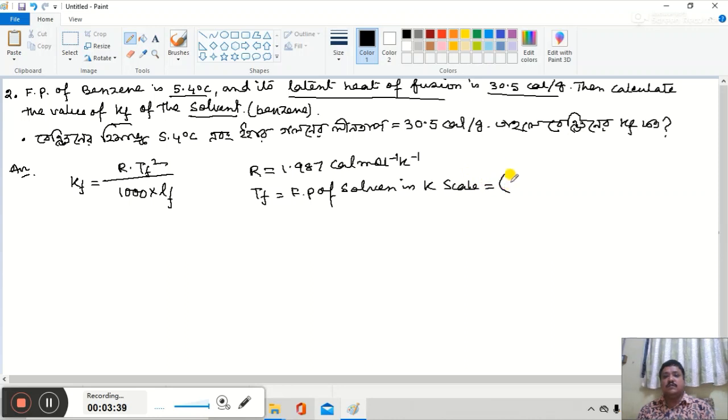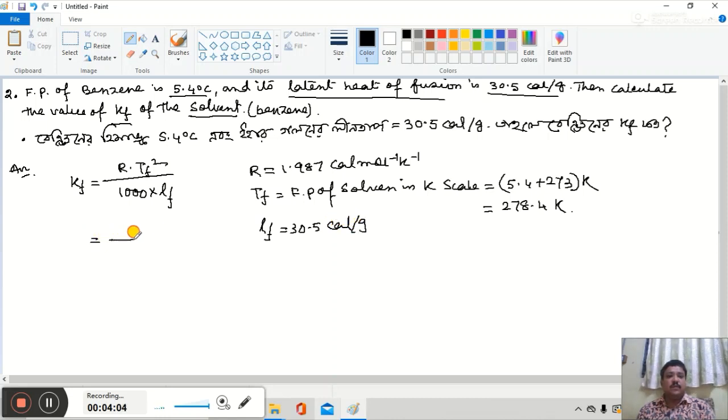So its value is 5.4 plus 273 Kelvin. So the value is 278.4 Kelvin and Lf is given, 30.5 calorie per gram.